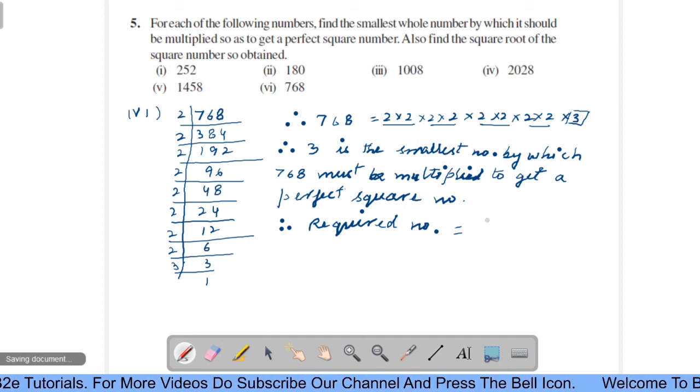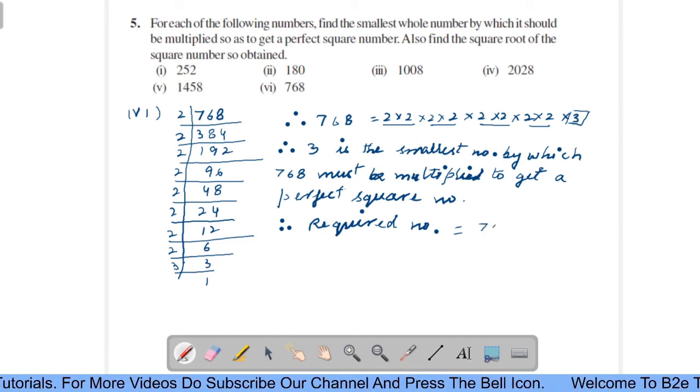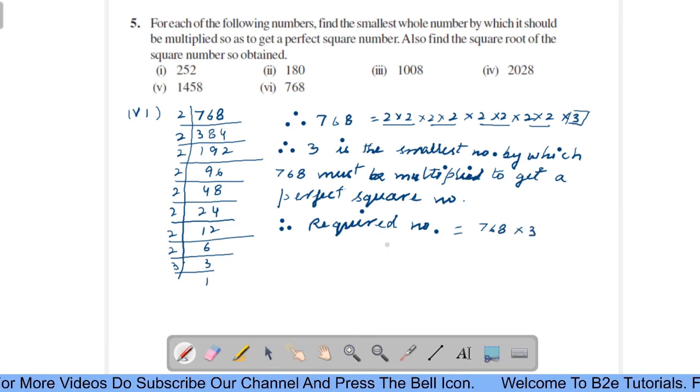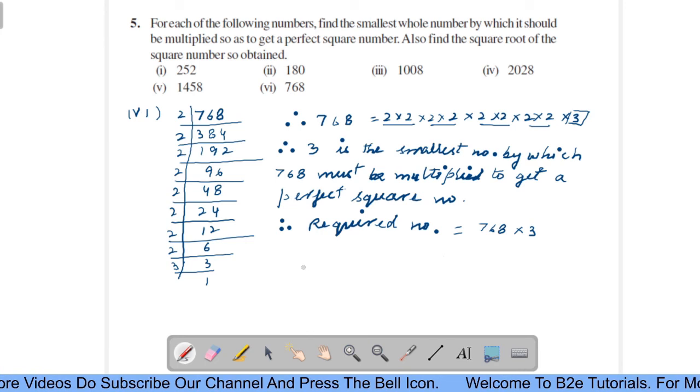Therefore required number equal to 768 into 3. Let us find out the square root of this number.